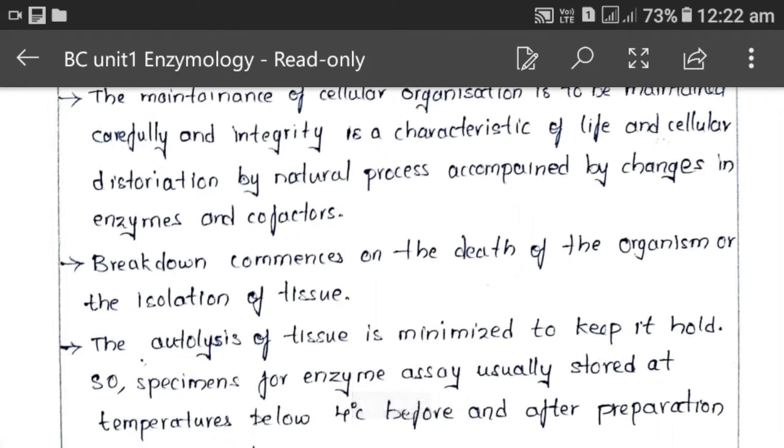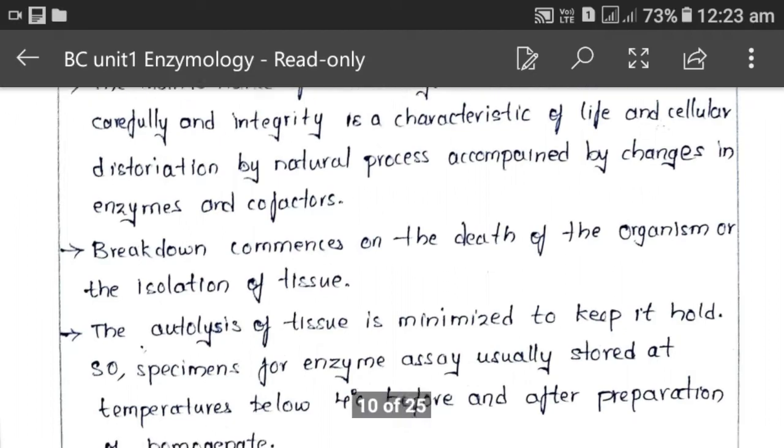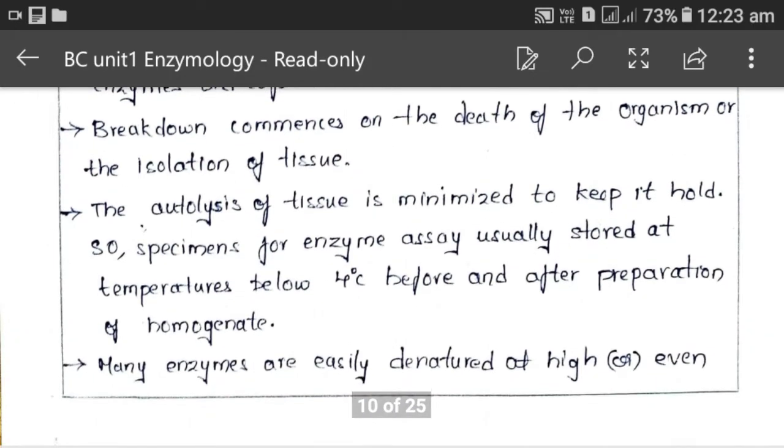The breakdown or death of the cell or organism should be prevented. That means we should take care so that breakdown or death of the cell doesn't occur, and autolysis of tissue is minimized to keep it whole.